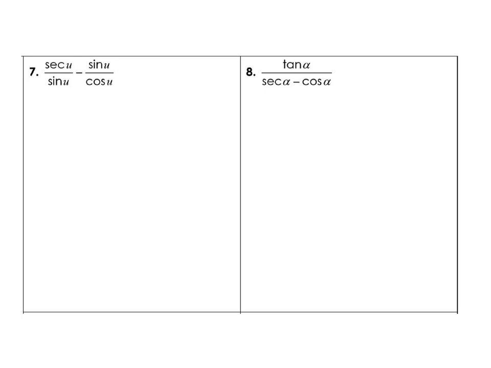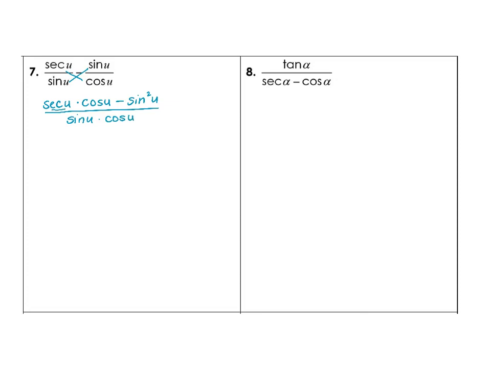Okay, this next problem, we would need to put this together as one single fraction. And so in order to do that, again, we would cross multiply here. We have secant u times cosine u minus sine squared u, and that is all over sine u times cosine u.